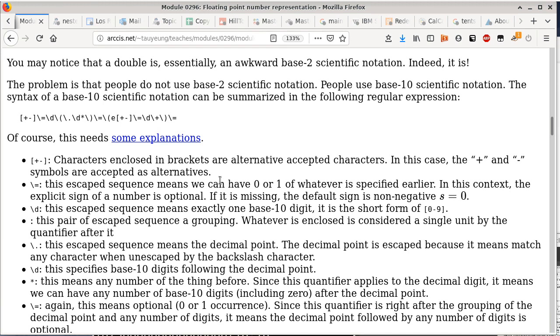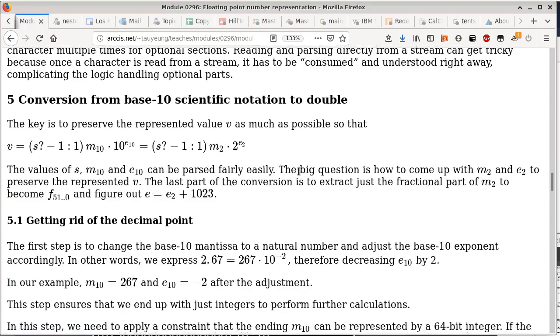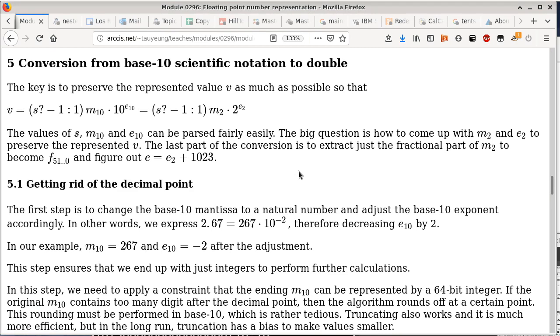But what I do want to tell you is it is actually useful in other classes. And if you think that you're gonna get jobs in computer programming and whatnot, regular expression can be very important. Okay, so that's kind of an exposure thing. And then we moved on and talked about how do we convert from a base 10 scientific notation to a double. Okay, so that's kind of where we are at this point.